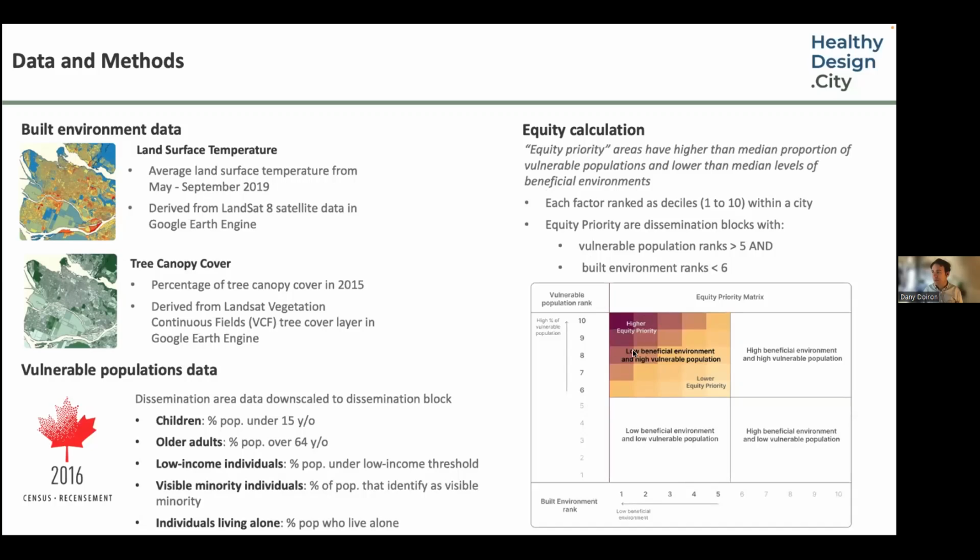So essentially the areas where we have a higher proportion than median of vulnerable population and a lower proportion than median of beneficial environments. And again, darker shades of red are used to show higher equity priorities.